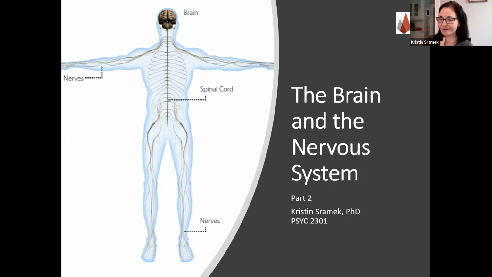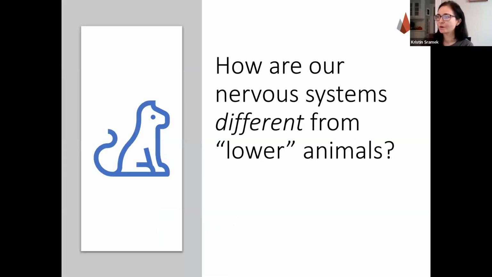We kind of reviewed the hindbrain there, talking about the brainstem and the cerebellum and what their functions are, a lot of those automatic functions. But really in this part, we're going to delve much deeper into the cortex. So how is it that we're different from lower animals? Remember that we share very similar nervous system structure with them. We can see that in particular with the embryonic development.